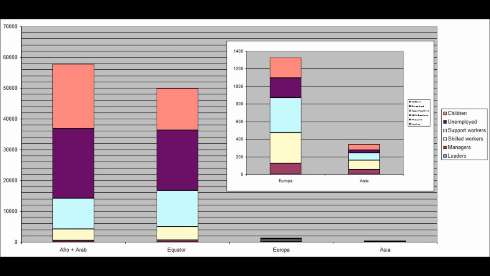Here we see that in Asia there are about 350 people per leader, per high IQ person. In Europe 1300, in equatorial countries almost 15,000, and in Africa and the Arab world almost 60,000. So the difference from 300 to 60,000 is also very huge.